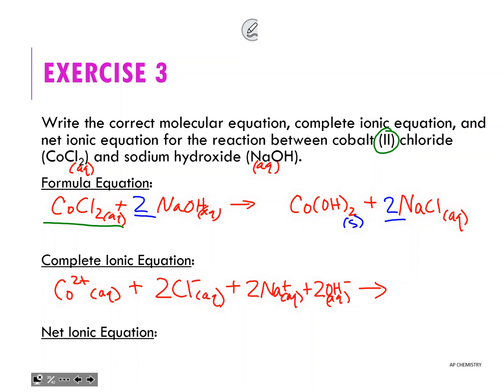And I'm probably gonna have to do a little down here because I'm running out of board space. But for our products over here, the cobalt hydroxide is solid. We know it precipitates. That one we get to keep together. That's nice.